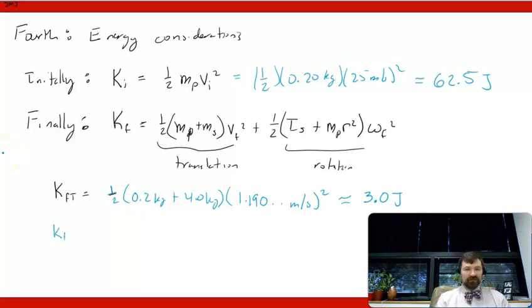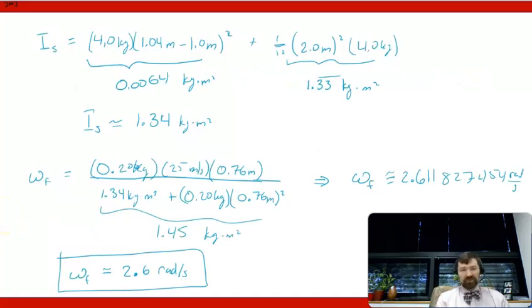And our final rotational is 1/2 of I stick, which again was about 1.34 kilogram meters squared, plus mass of puck 0.2 kilograms times R squared. We already kind of did this calculation down here. We got 1.45.